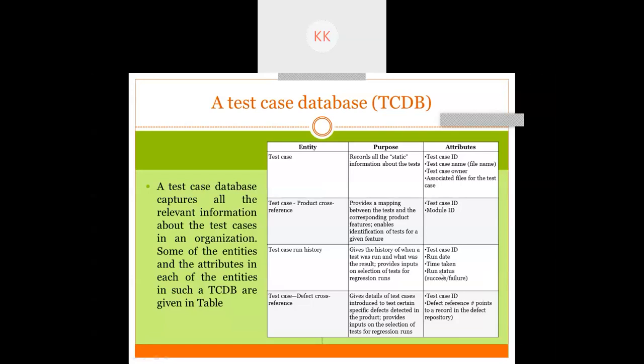Then next is test case defect cross reference. If there are any defects, particular test cases are mapped with the defect ID. Right? So test case ID and defect reference number, which can be mapped with the repository for defects.